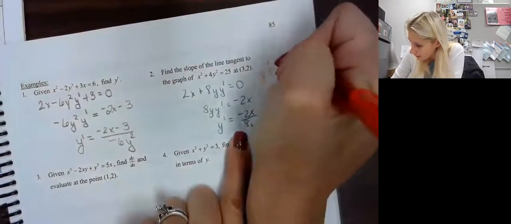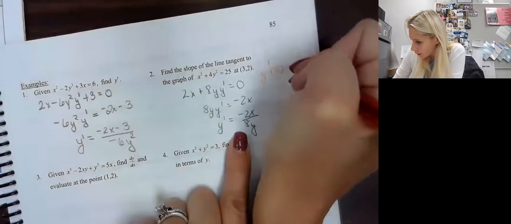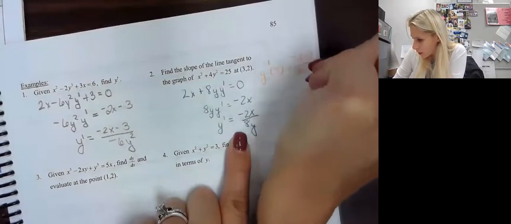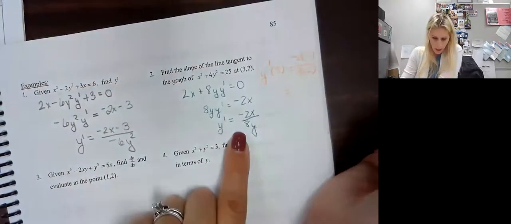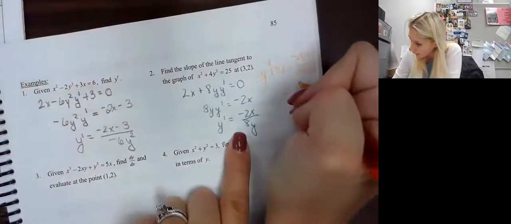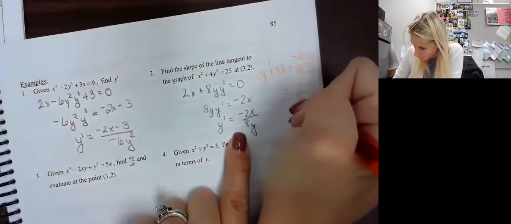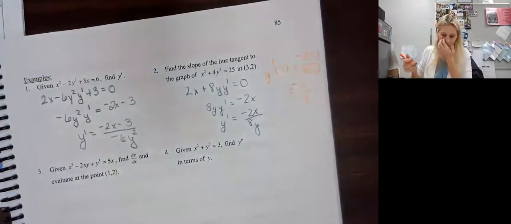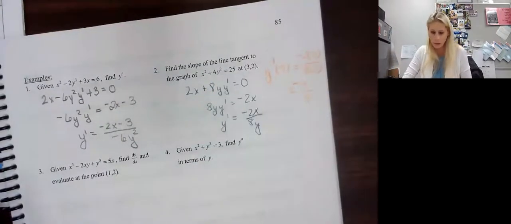So we get negative 2 times 3 all over 8 times 2. And we end up with 3 over 8. And it should be negative. Okay, now that's the slope of the tangent line, and that's all we needed to do.